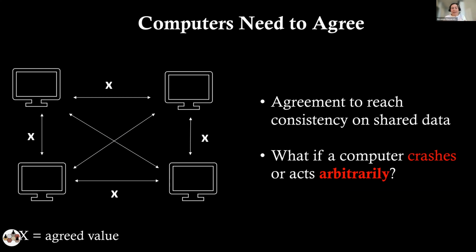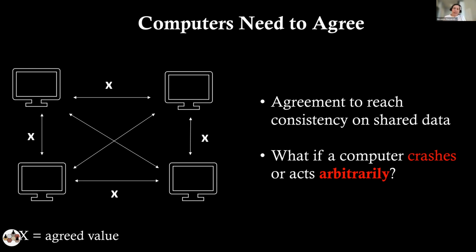So computers in a distributed network typically need to agree on a shared value. They need to have a consistent view to work in a network. As long as computers work well, there is not really a problem for computers to agree on a shared value.